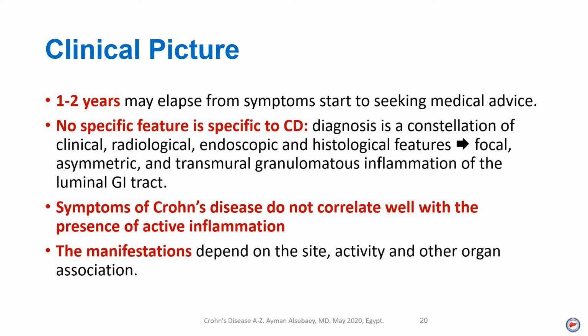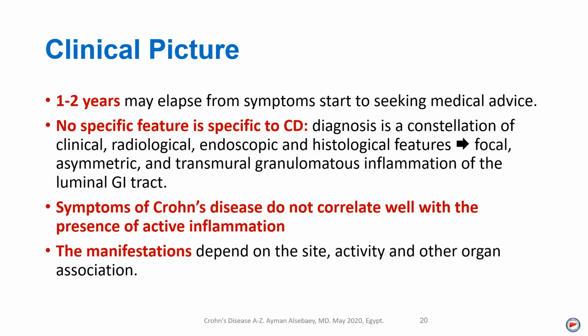Another point is that there is no correlation between the symptoms and the histological activity. And we have a lot of patients in remission who still have the same symptoms. This is very important. So the symptoms may be a bad clue for you and we should not depend on them.